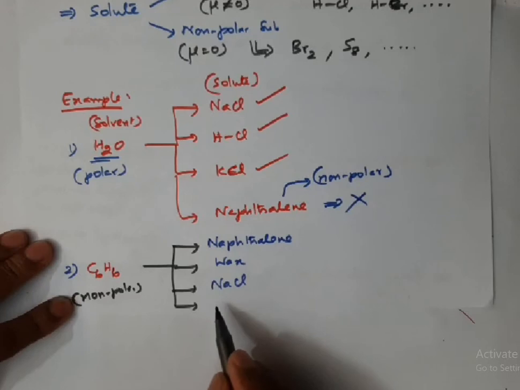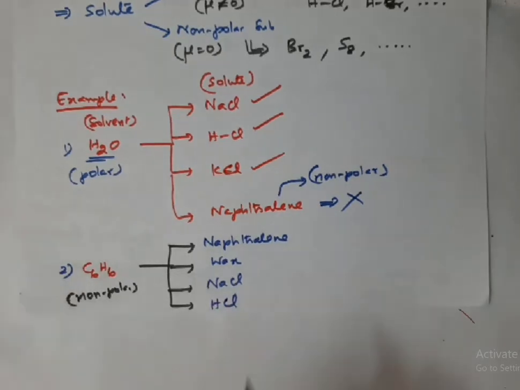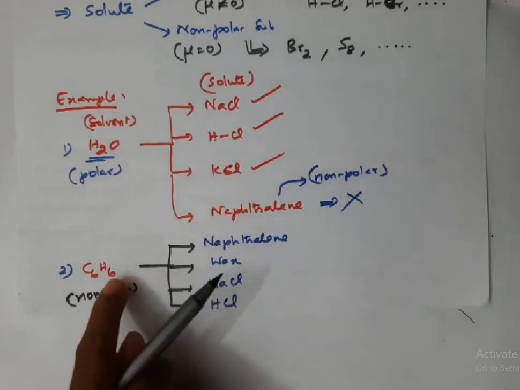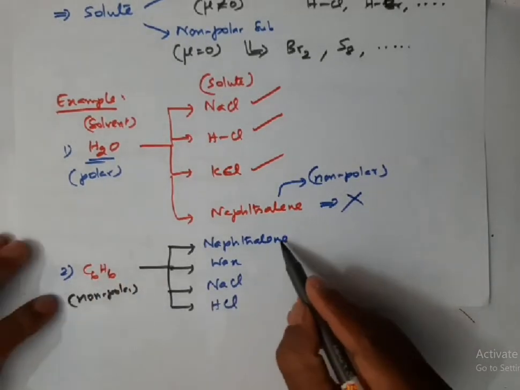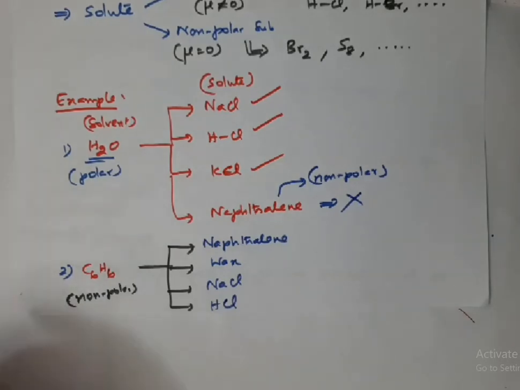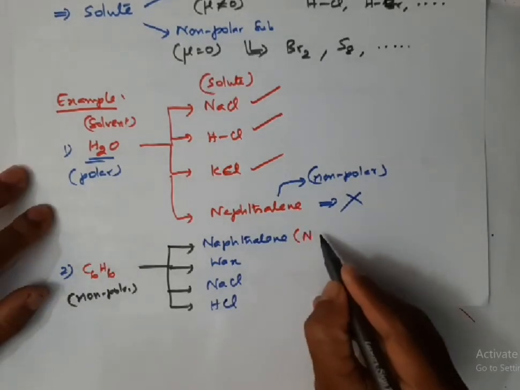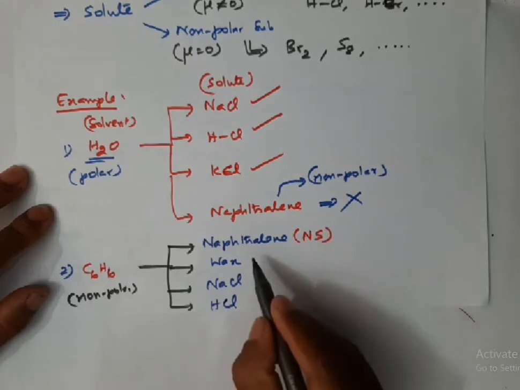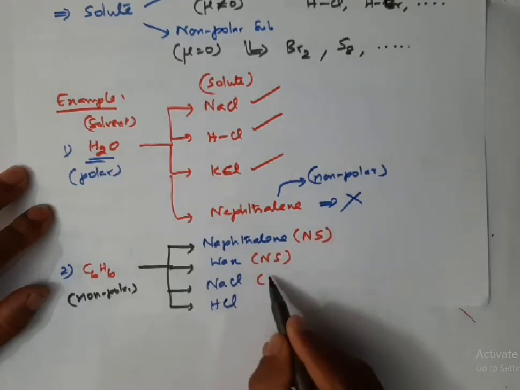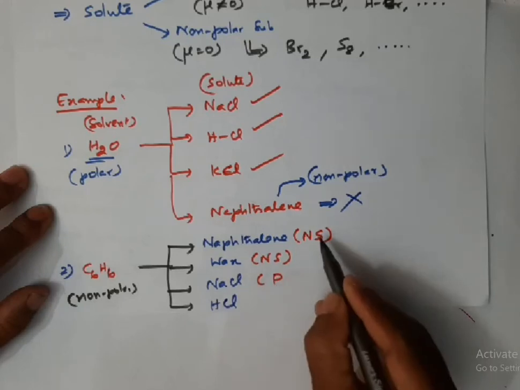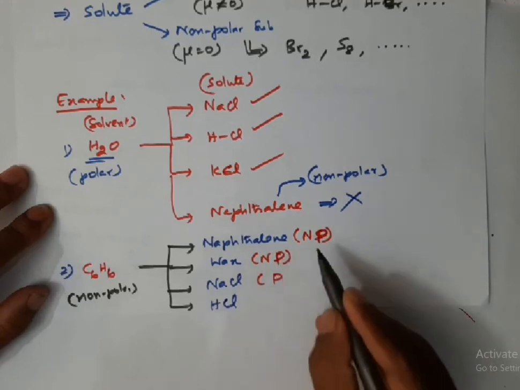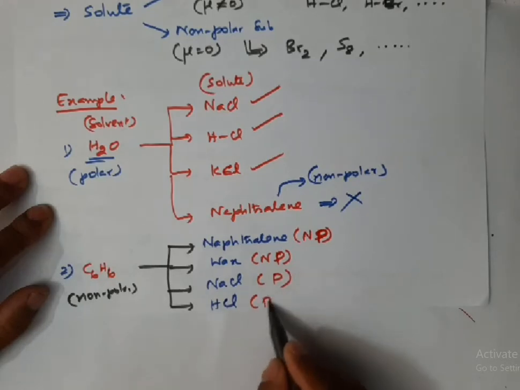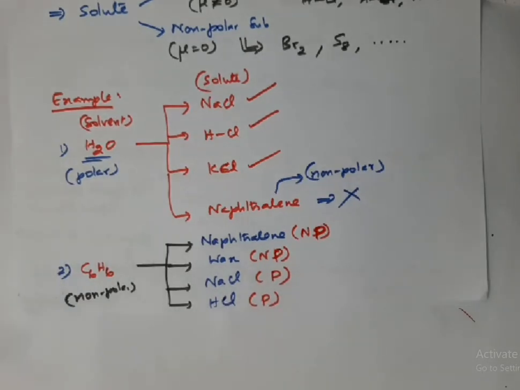I'll take some substance like HCl, right? Now the solvent is non-polar. Naphthalene is a non-polar substance. Wax is non-polar. Sodium chloride is polar. HCl is polar. Now tell me which one dissolves and which one does not.